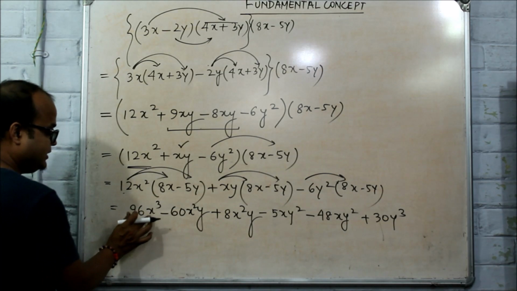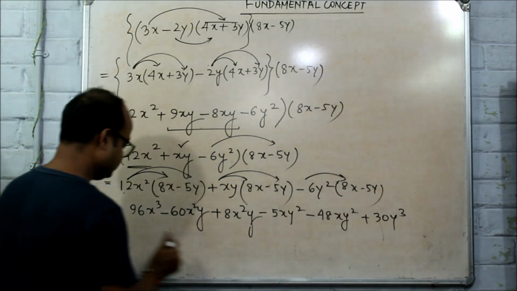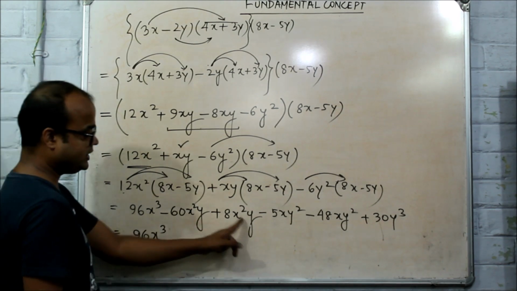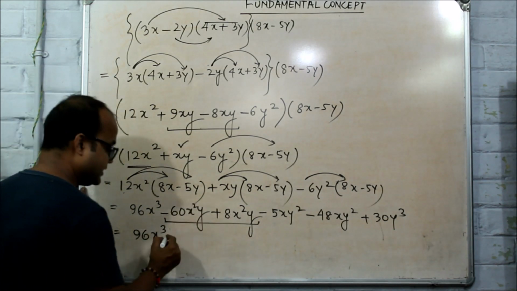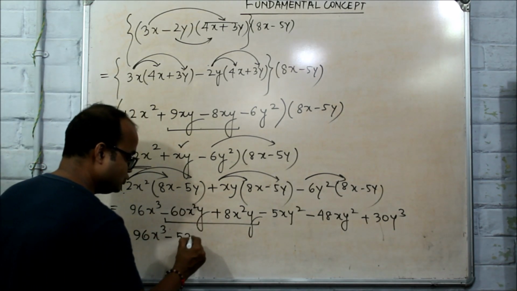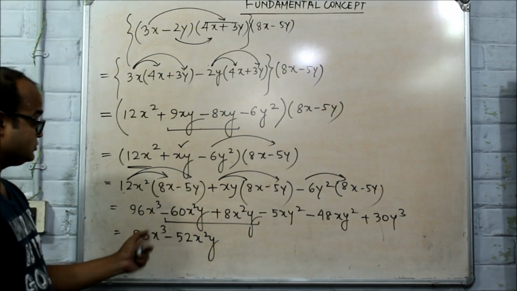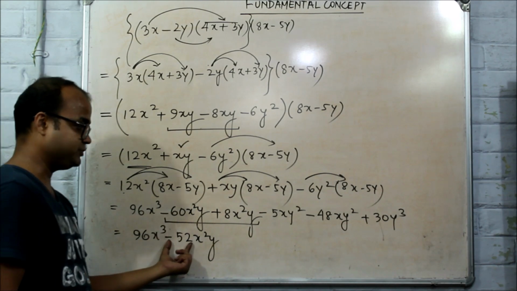So now we simplify. 96x cube, there is no other term, so we write it like this. x square y, x square y. If you simplify these two, minus 60 plus 8, this is minus 52x square y. Minus sign, we are adding, 60 is bigger, so the result will be minus 52.